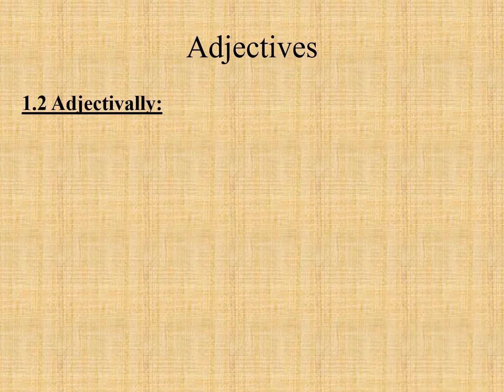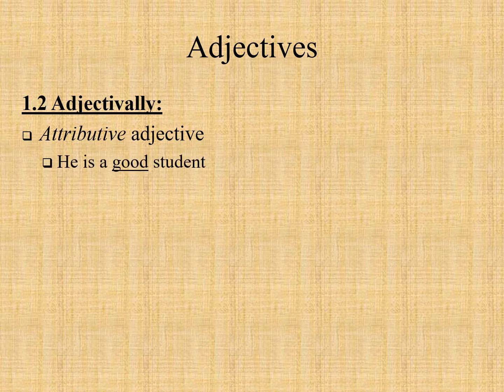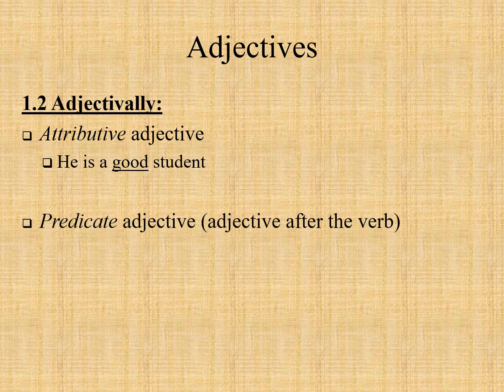When we're talking about an attributive adjective, here's an example: He is a good student. Grammatically, we could say that the adjective good attributes a quality to the noun student. That's why we talk about an attributive adjective. Then a predicate adjective: perhaps the simplest way to think about it is that the adjective comes after the verb. The student is good.